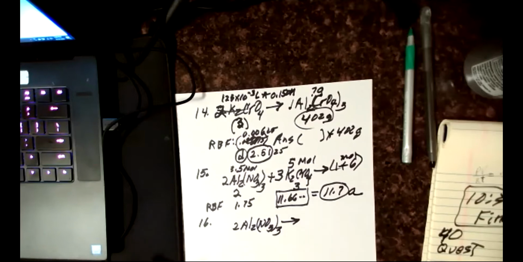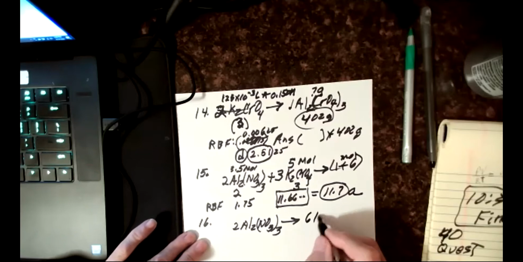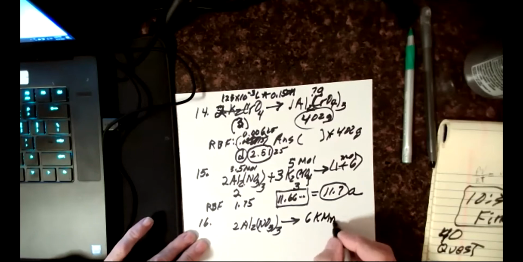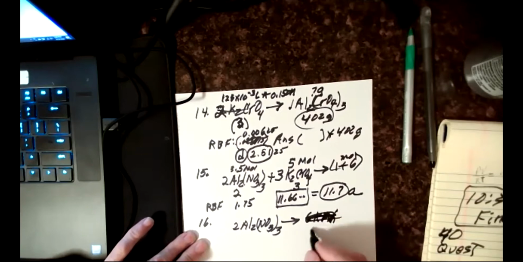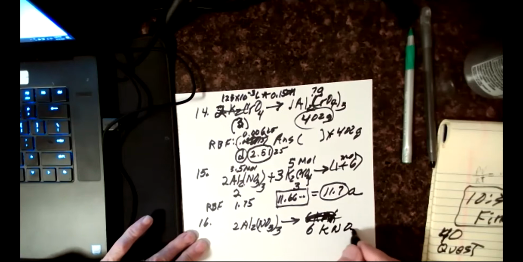And now potassium nitrate is what we're making. And how many of those did we make? 6 KNO3.